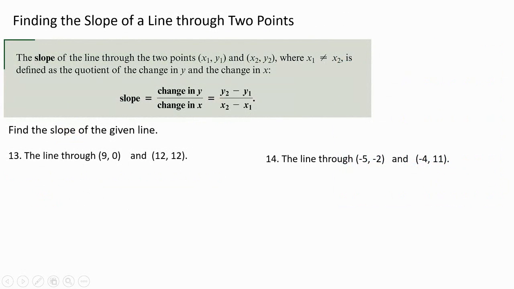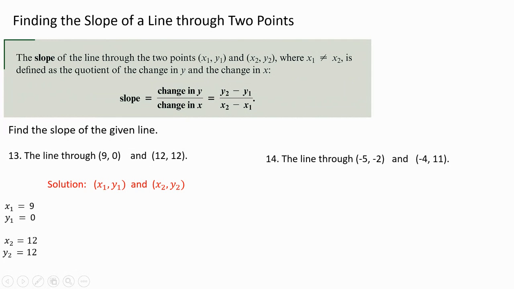Okay, now finding the slope of a line through 2 points. For these next 4 problems, all they want you to do is find the slope. So the slope is equal to y2 minus y1 over x2 minus x1. Since this is my first point, I want to call this my x1. x1 is 9 and y1 is 0.